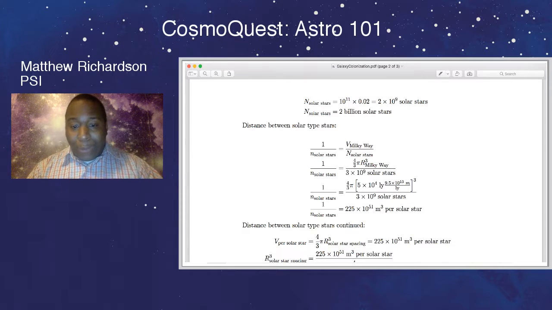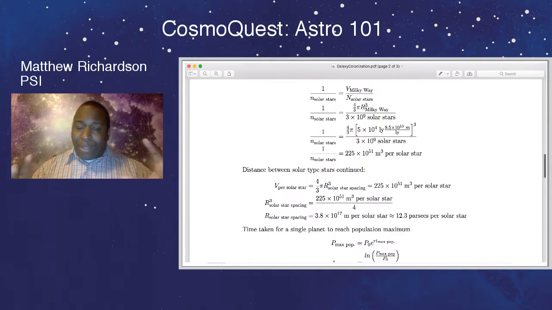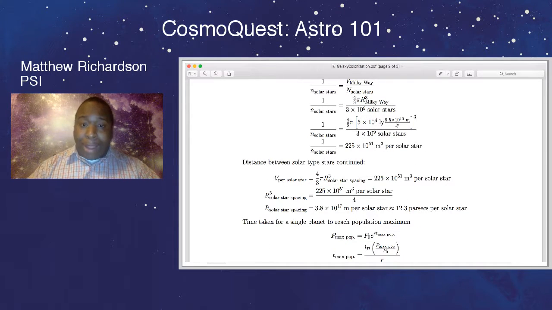That's a really, really big number in terms of meters, and it's hard even for me to imagine what that is. Continuing from there, because you have essentially a sphere that encompasses a single star, if you calculate the radius of that sphere, you get a rough distance between each solar type star.